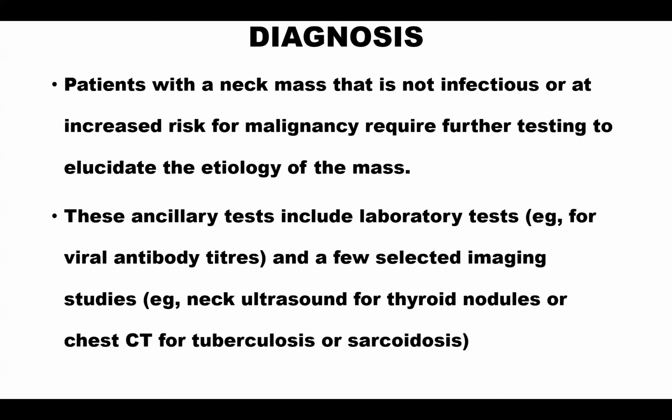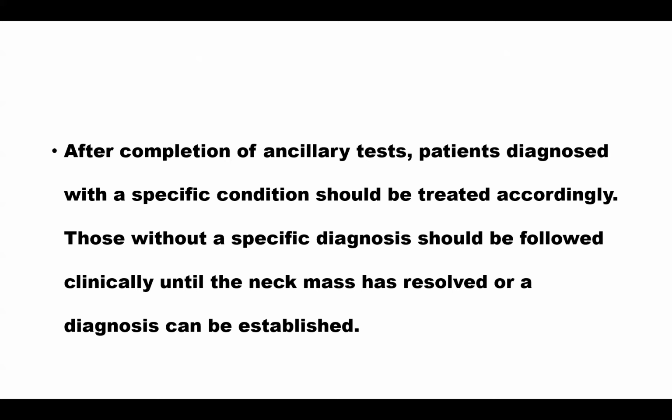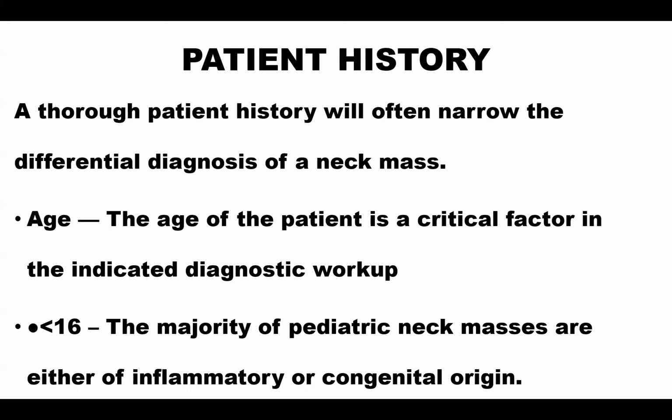You want to do other serological tests. Now, after completion of ancillary tests, patients diagnosed with a specific condition should be treated accordingly. Those without a specific diagnosis should be followed clinically until the neck mass has resolved or a diagnosis can be established. Now, let's go back to patient history.